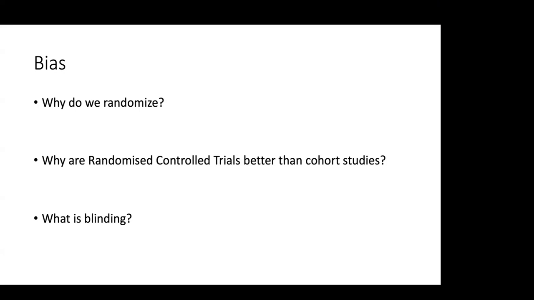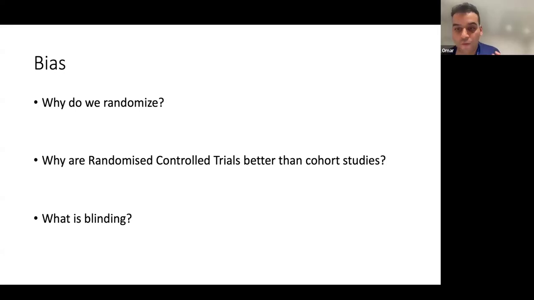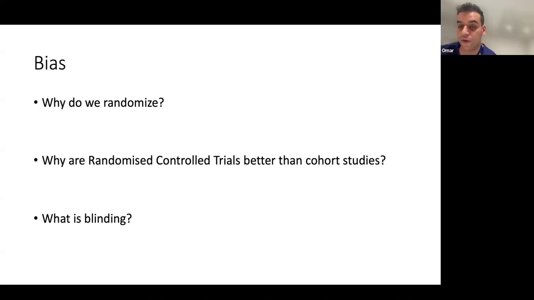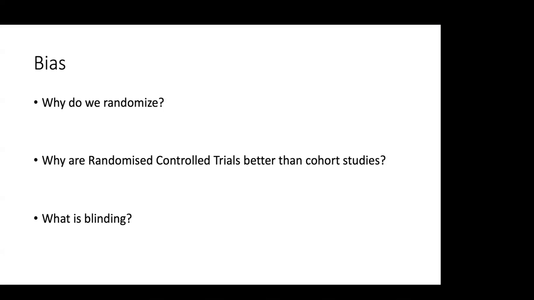Cool. Why are randomized control trials better than cohort studies? We've already discussed this. But what is blinding? Who can give me a good FRCS level answer for blinding? Can I try? Yeah, go for it, Amar. I understand the concept, but to define it, I think it's concealment of patient allocation.